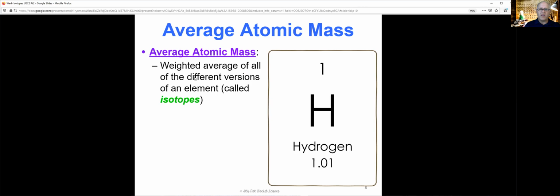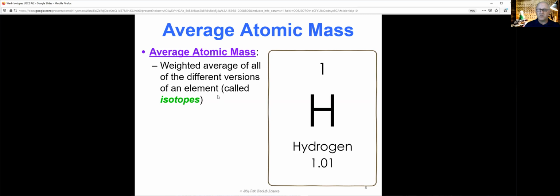And it is the weighted average of all the different versions of an element called the isotope. So let's say hydrogen had, for sake of discussion, 10 isotopes. You add up all the different masses, and then you divide it by 10 and you end up with the average atomic mass.